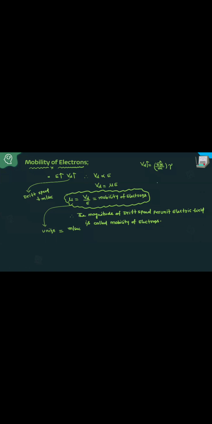Electric field units are volts per meter. Then meter square per volt per second. This is the units of mobility. The units of mobility is meter square per volt per second. Okay, this is the mobility.